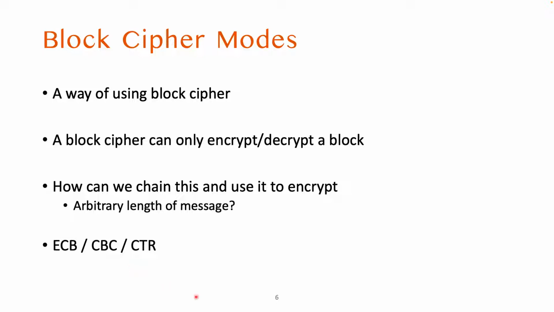Yeah. And then I will introduce each of the block cipher modes, ECB, CBC, and CTR, and how they work. And then we will also learn about how we can break each kind of scheme if the ciphertext is allowed to be modified.